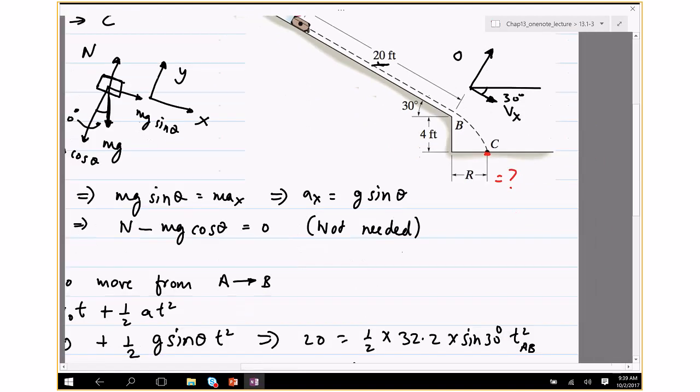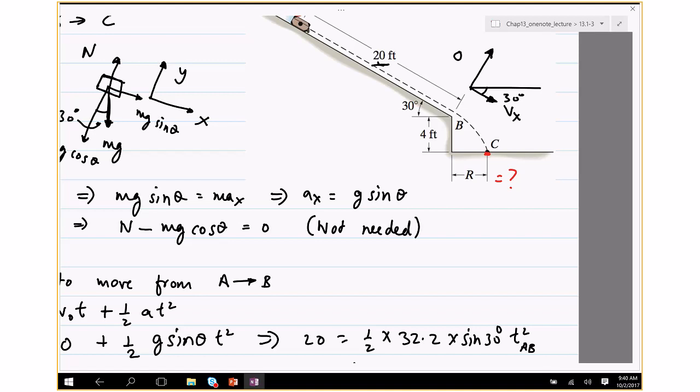Okay, so given that, now I can start analyzing the motion from B to C using the equations from projectile motion. The typical problem we've seen, there is a ball launched either with a velocity with respect to horizontal or vertical, right? In this case, Vx is actually the velocity with which the block is launched, and it makes an angle of 30 degrees.